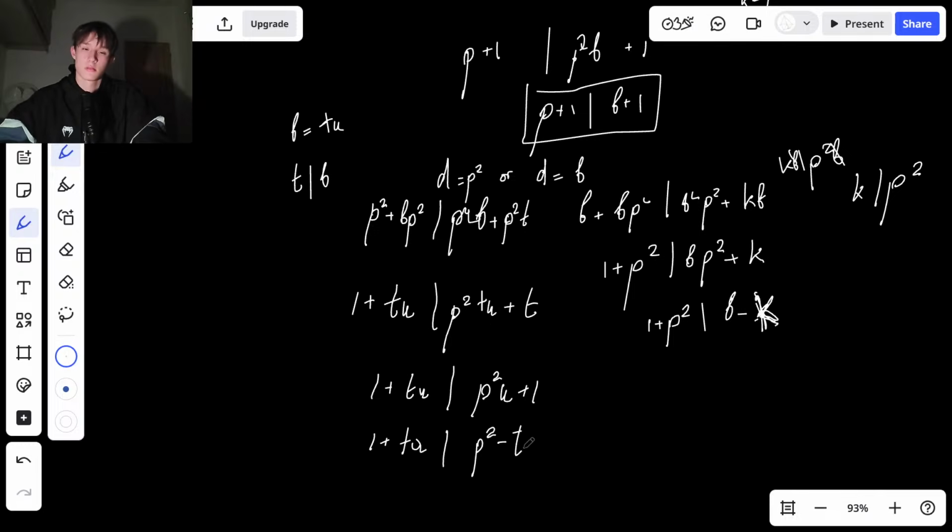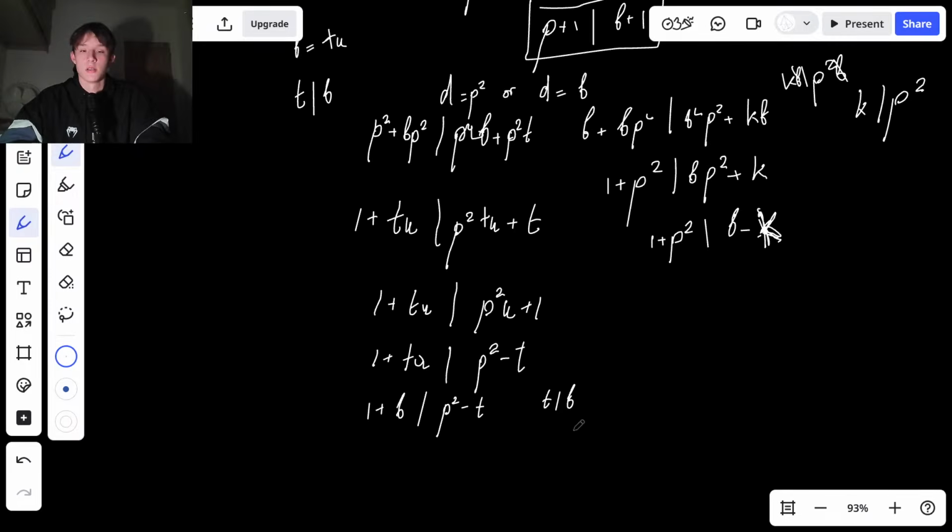So we get this, p squared minus t. And now we know that t divides b. So tu is just b. 1 plus b divides p squared minus t, and t divides b.